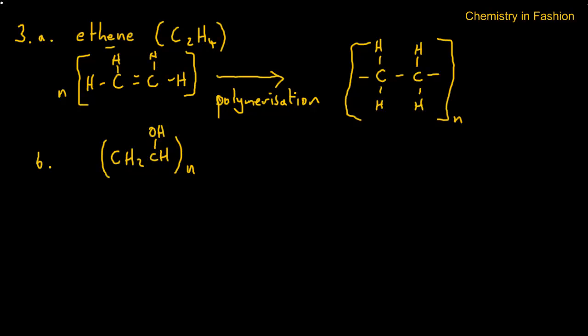And so if we count these up, we can see 2 carbon atoms, we can see 4 hydrogens and 1 oxygen. So the basic formula of PVOH is C2H4O.